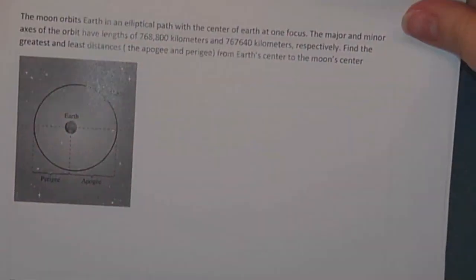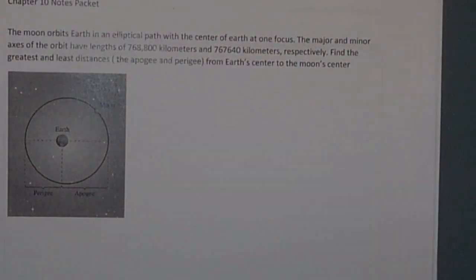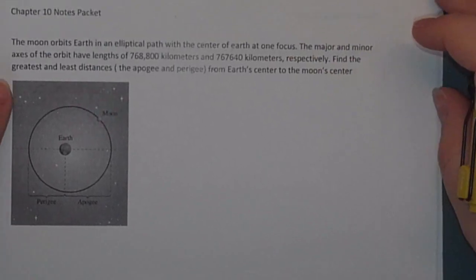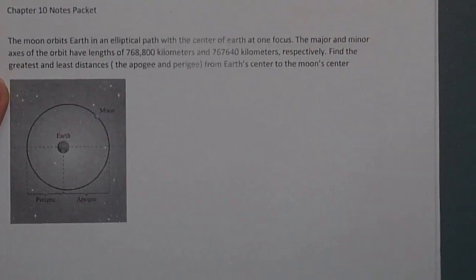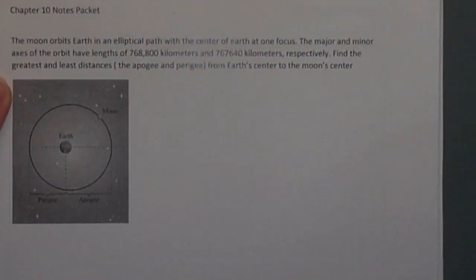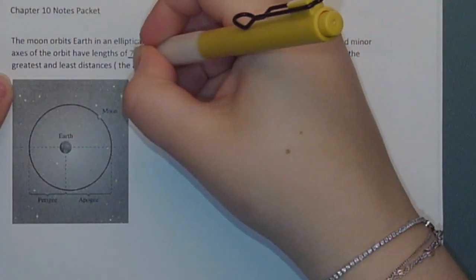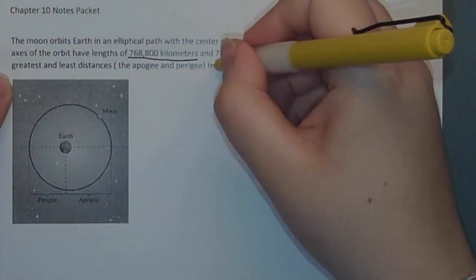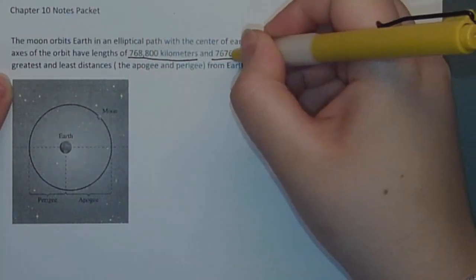Alright, moving along, we have the moon orbits the Earth in an elliptical path with the center of Earth at one focus and the major and minor axes of the orbit having lengths of this and that.